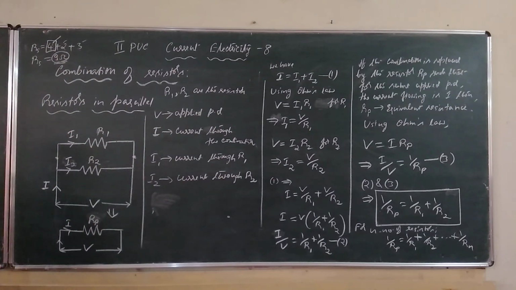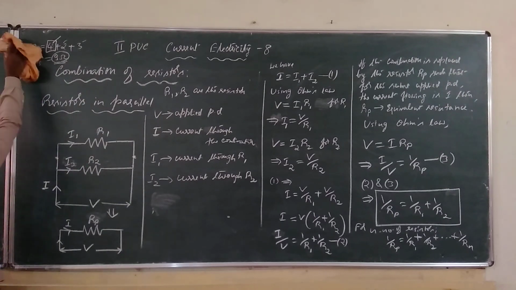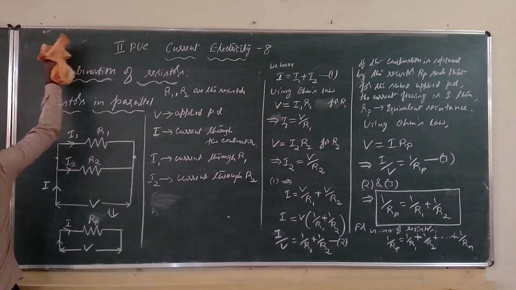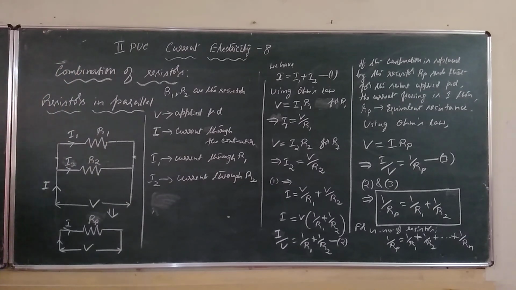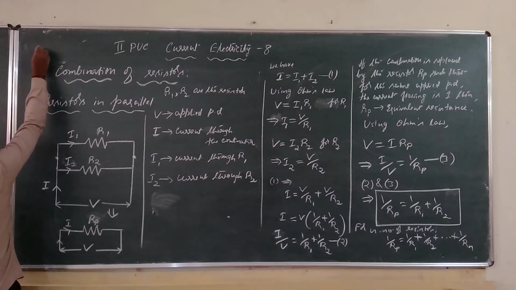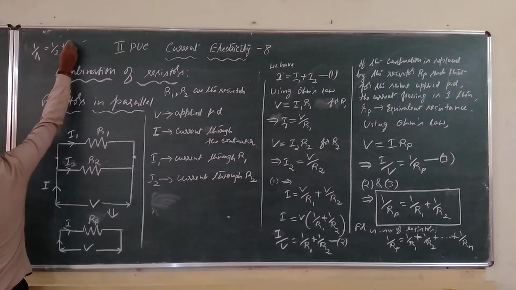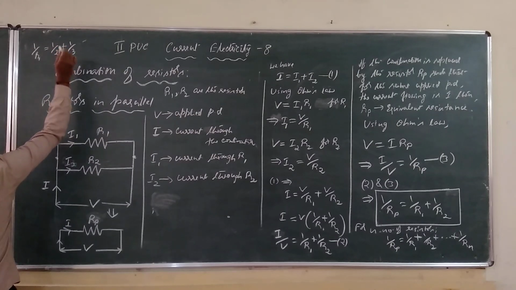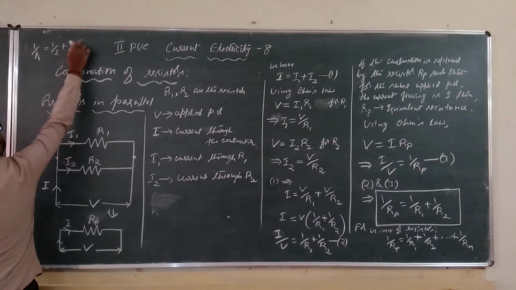Okay, right. Say for example, I'll write, say R1 is 2 ohm, R2 is say 3 ohm, and R3 is 4 ohm.